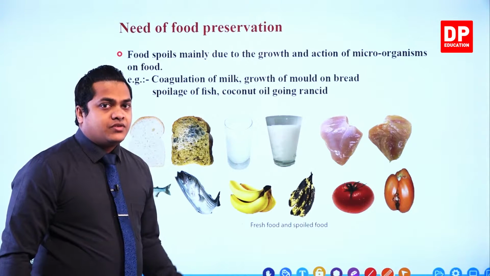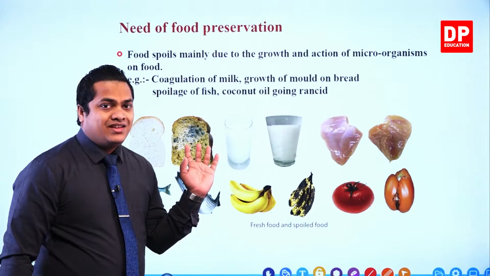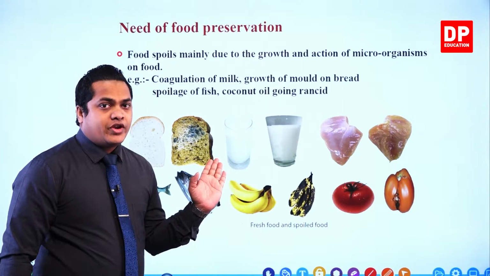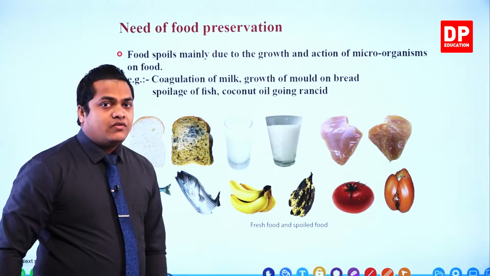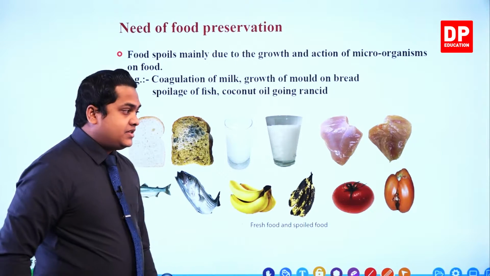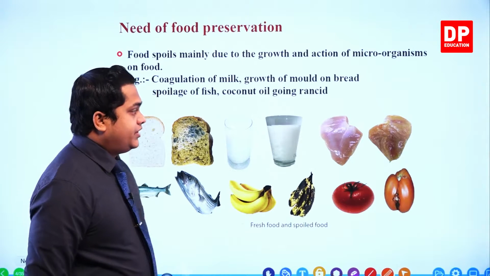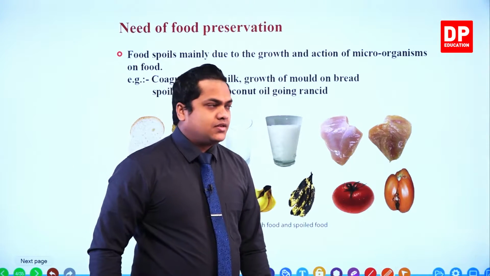If you smell it, you won't be able to keep your nose near it, because it gives out a very heavy, bad odor. So my dear children, this is spoilage of bread upon the growth of mold, which is a type of fungus.